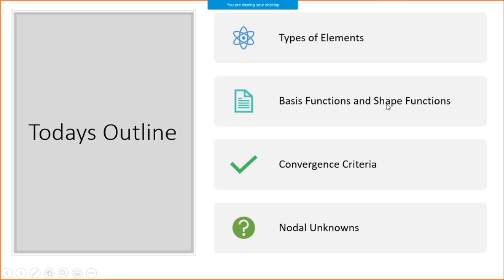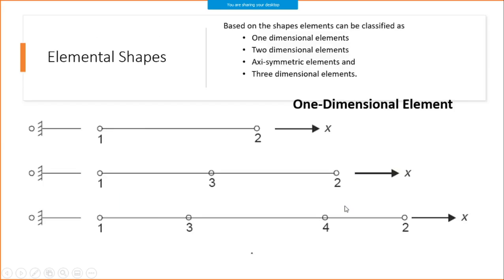In short, I can tell you that the shape function decides how the deformation is happening within the element, the shape after application of load. Then we will see some convergence criteria, and we'll see other things.